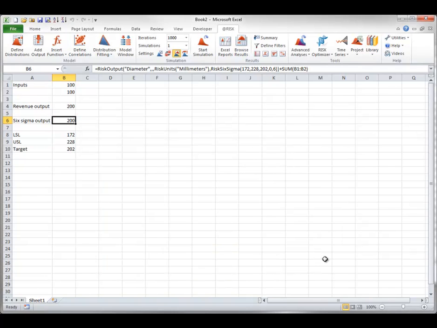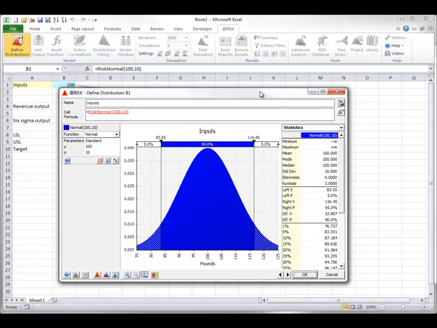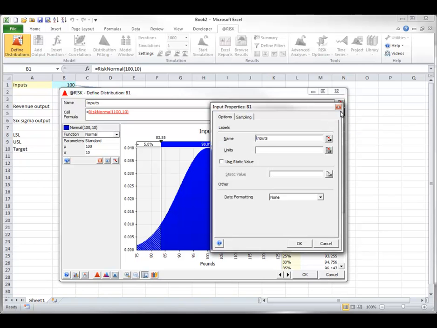Property functions can also be added to input distribution functions, again to describe or modify them in some way. The easiest way to do this is by clicking the FX button to the right of the cell formula box in the Define Distributions window. There's the normal distribution. I will click the FX button to open this dialog box. I'll fill it out as shown.